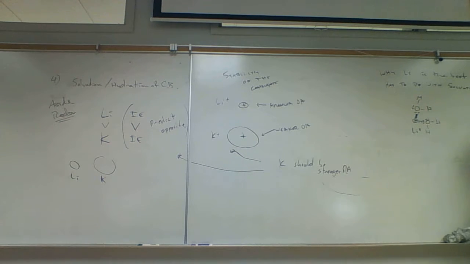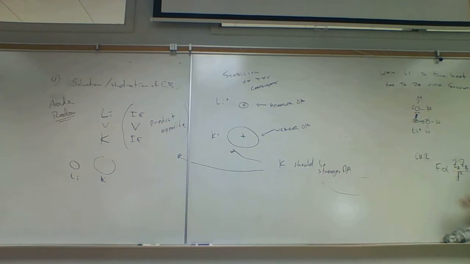Do you guys recall Coulomb's law? Coulomb's law is from chapter 2. Coulomb's law just says that the force of attraction or repulsion is going to depend on the magnitude of the charge on A and B. So if we're looking at the force of attraction or repulsion between A and B, we need to know the charges of each. And then we also need to know the distance between the center of the charges squared.